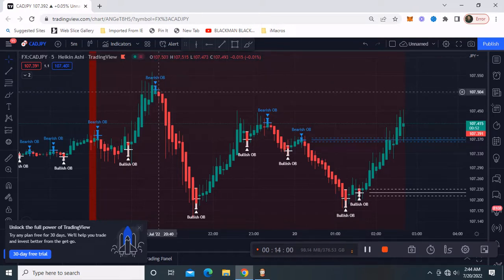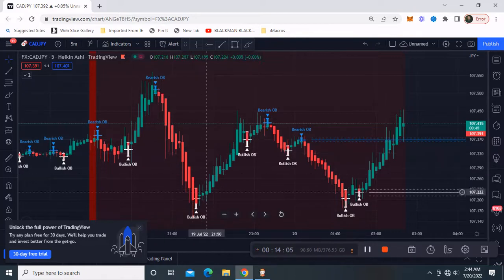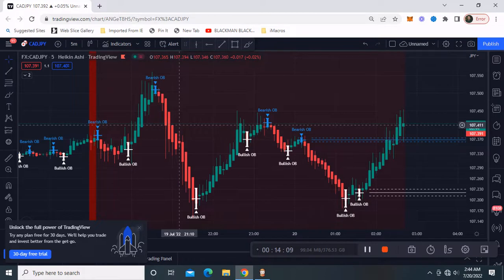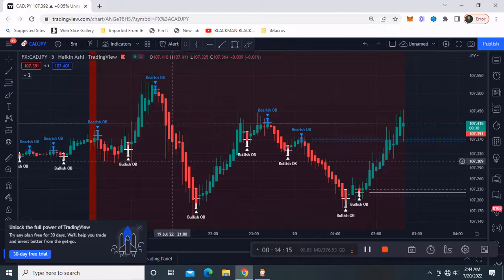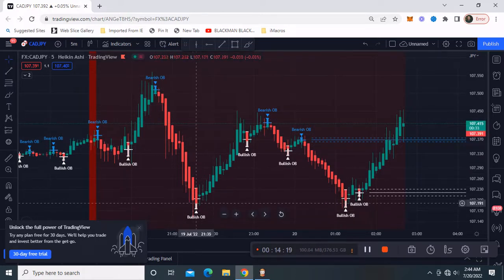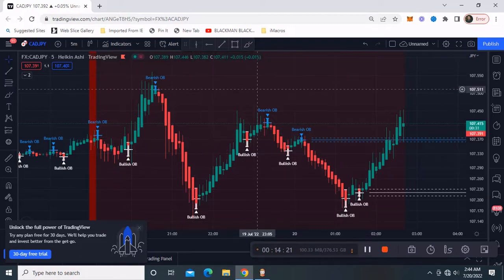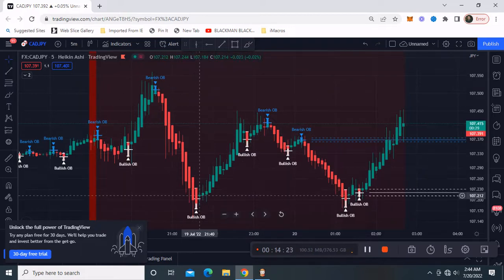and the candle behind, which is the supply or the demand, depending on whether you're following an order block at the top or at the bottom. Because when the order block forms, as you can see at the top, the move goes down. When the order block forms at the bottom, the move goes up. That's what the banks do. The banks sit and wait until the money is there to be collected.